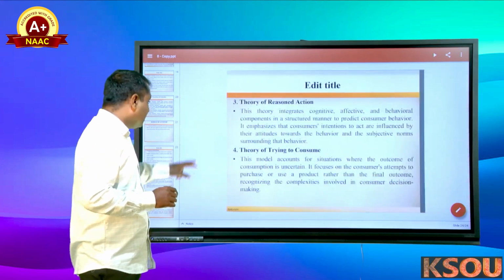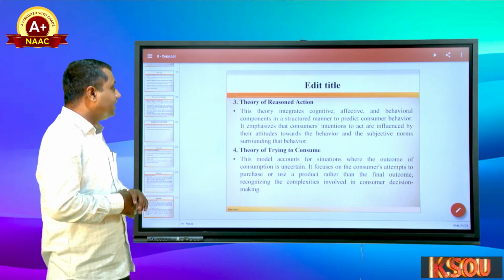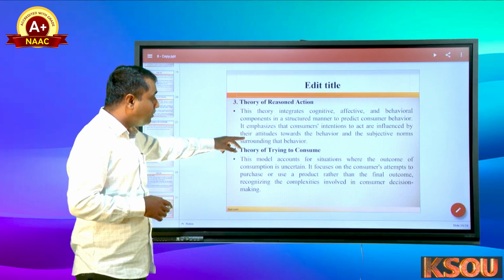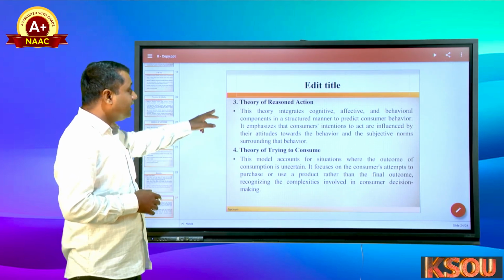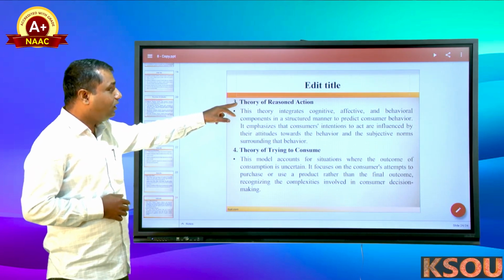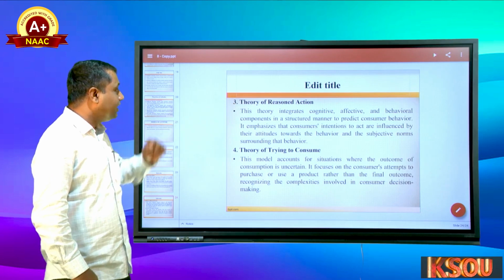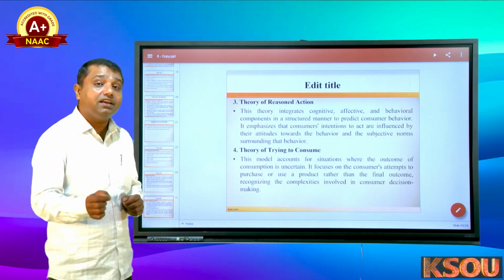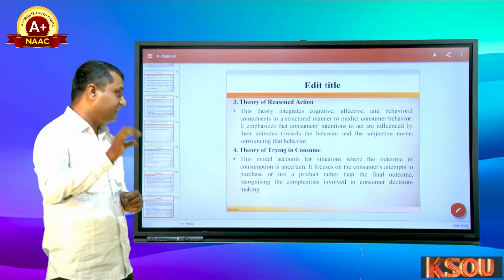The last 2 models are the theory of reasoned action and the theory of trying to consume. The theory of reasoned action integrates cognitive, affective and behavioral components in a structured manner to predict consumer behavior.